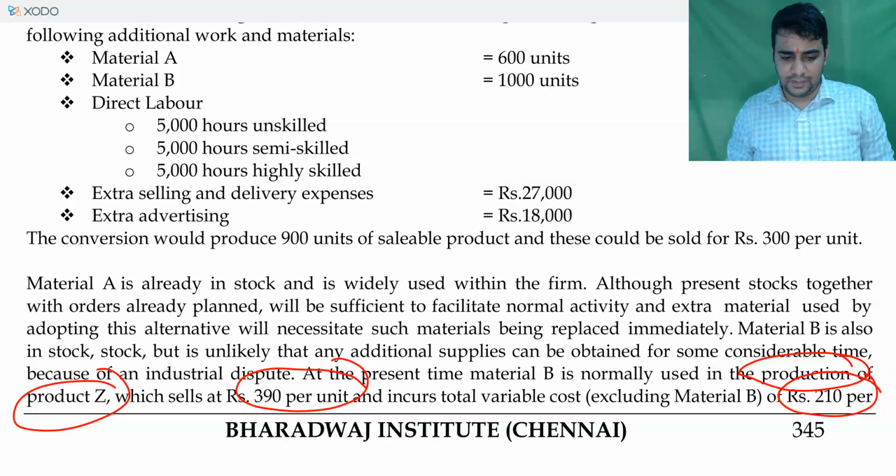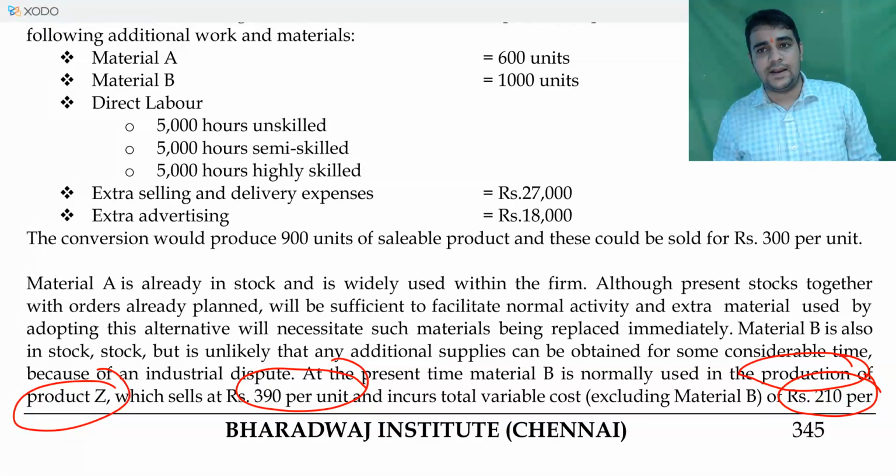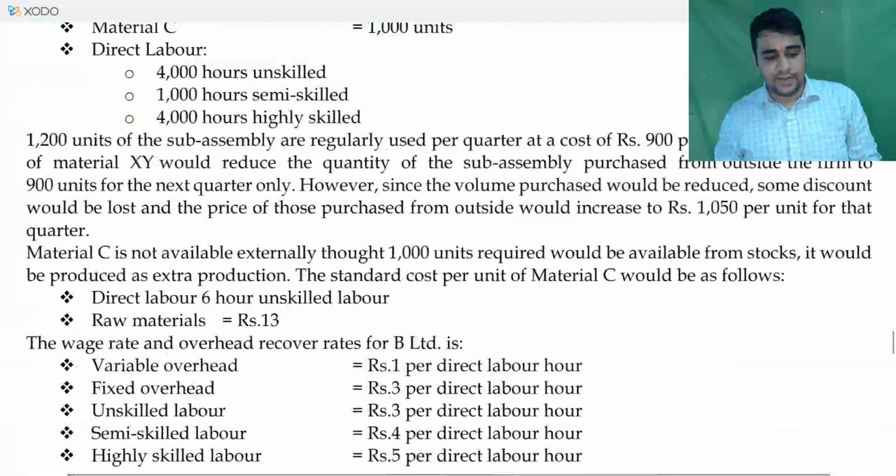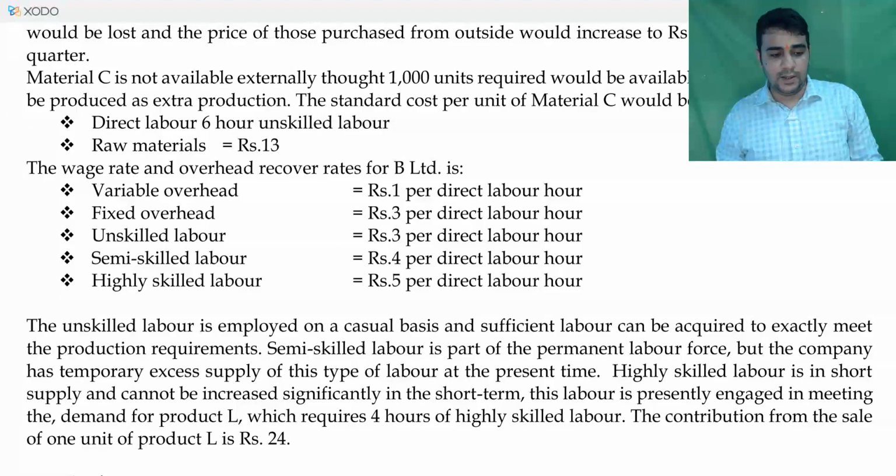Okay. I need 5,000 hours each of unskilled, semi-skilled and highly skilled. The rates for them are 3 rupees, 4 rupees and 5 rupees. Unskilled is 3, semi-skilled is 4, highly skilled is 5.